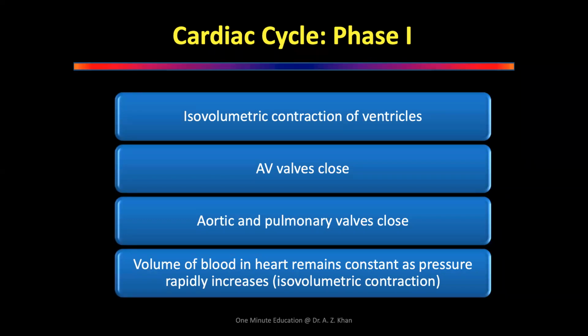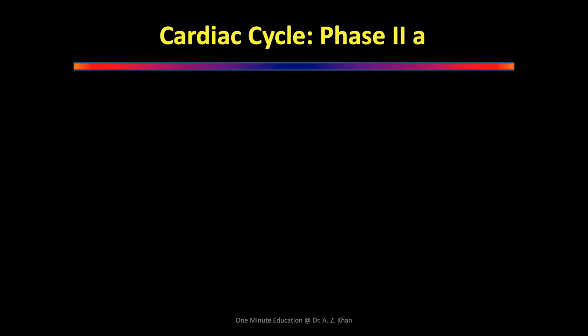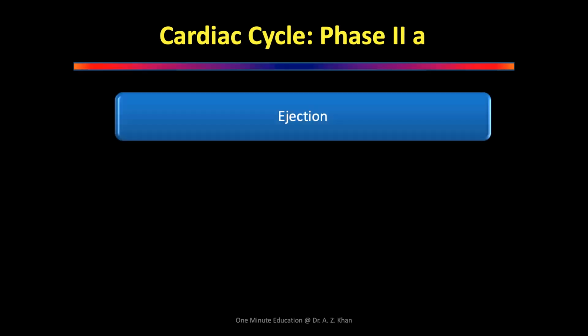So mitral is closed, the tricuspid is closed, aortic and pulmonary are still closed, and the myocardium has suddenly started to contract. So the volume remains the same, but the pressure dramatically starts to rise. The moment the pressure starts to rise, you get into a phase called 2A, which is called ejection.